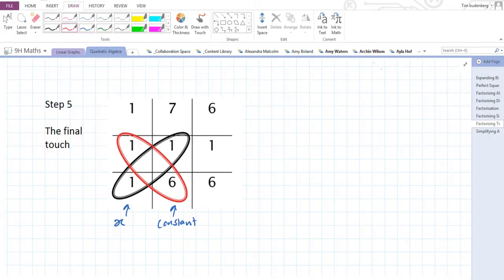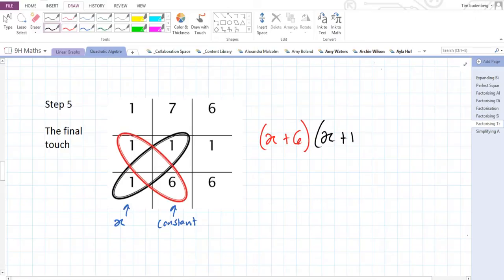And that red half of the band-aid symbolizes 1x plus 6, and the black half symbolizes 1x plus 1. And you'll see that we've factorized the expression, and that's exactly what we got using sum and product. So this works when the coefficient is 1 as well.